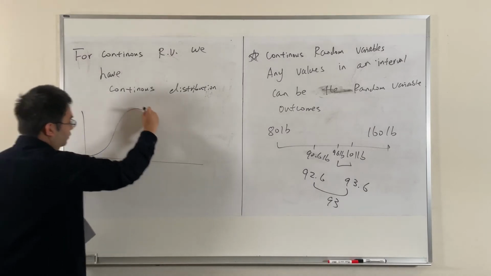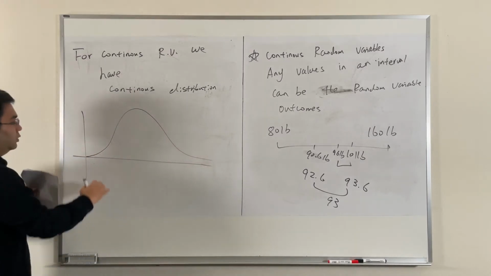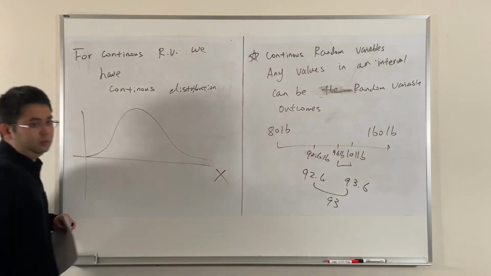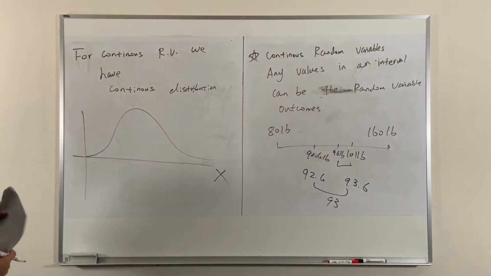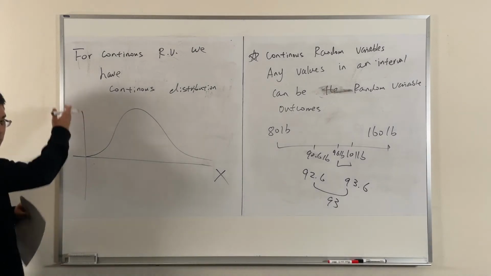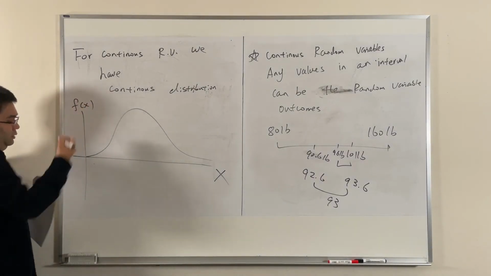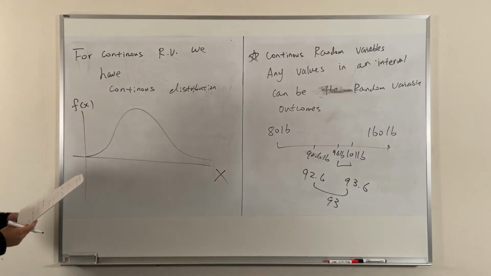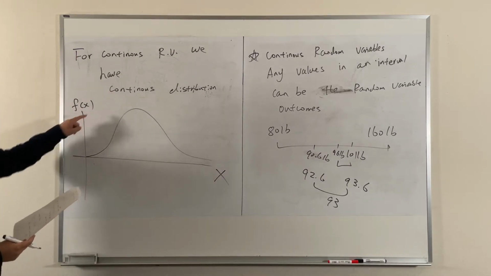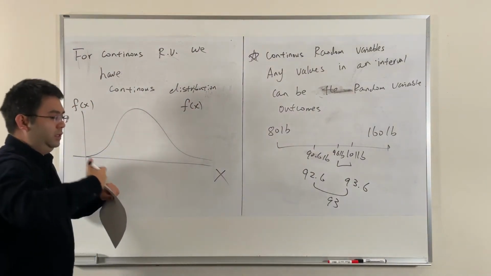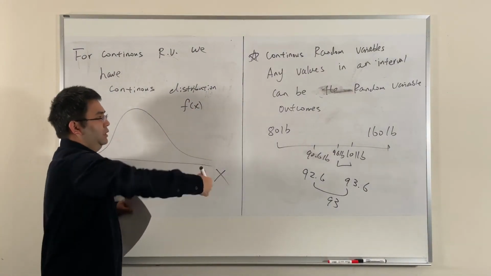Say you have a normal distribution, and then in the horizontal axis, these are all the possible values for your outcome, where the height, the vertical, the y value, is the function of probability. So the f of x is the probability of this possible outcome, right?